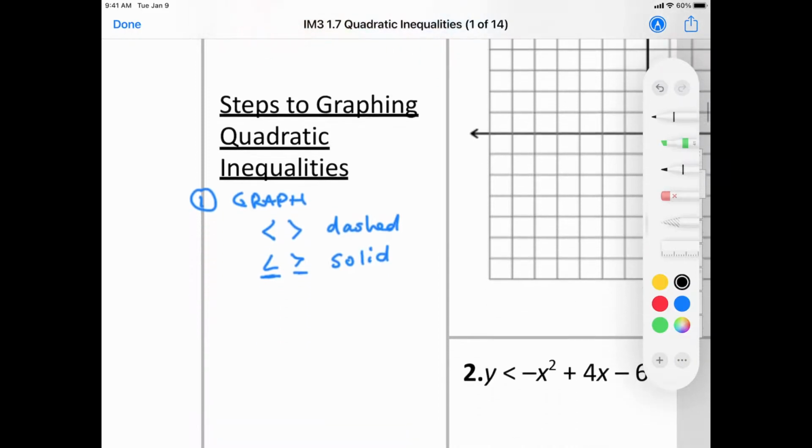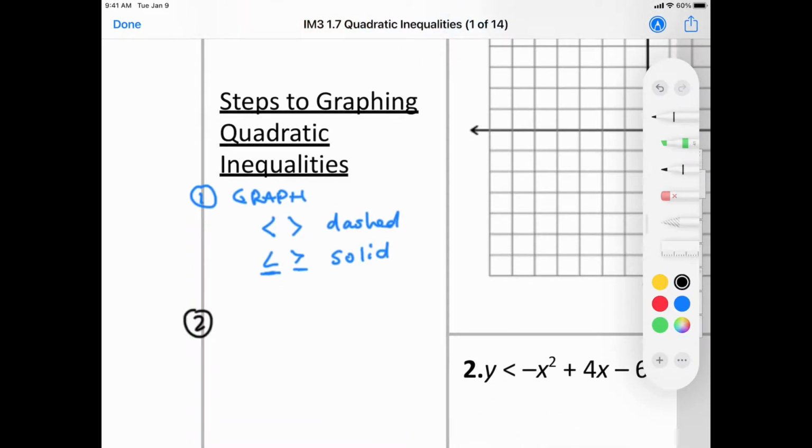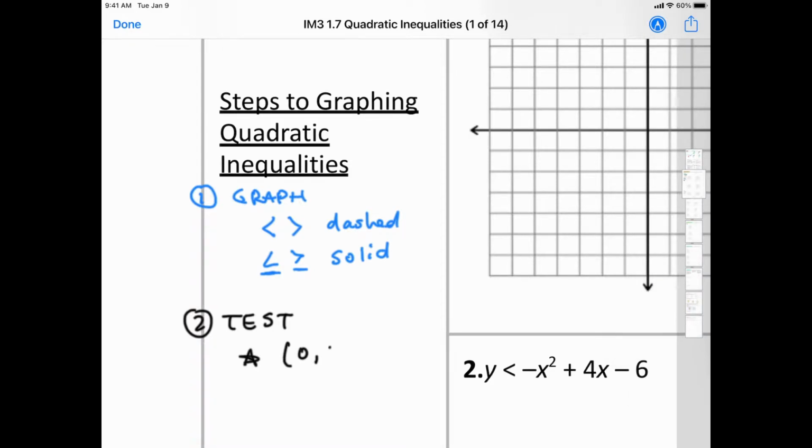The second thing we need to do is test it. The best one to use is the ordered pair, or the origin, 0, 0. Now make sure you're testing a point not on the parabola.